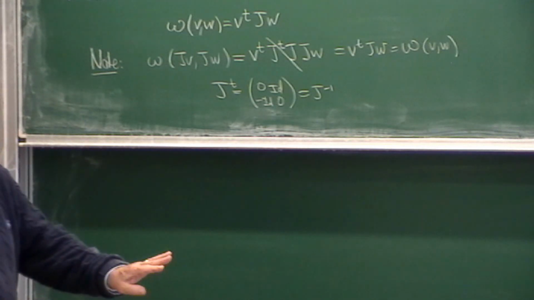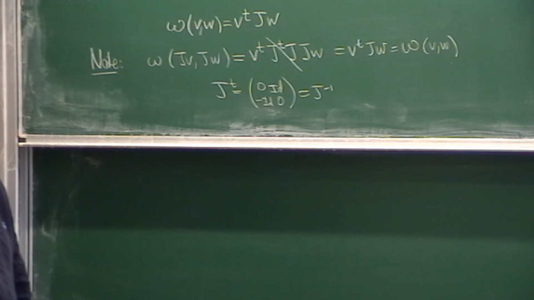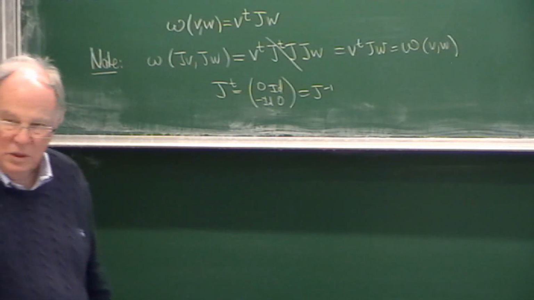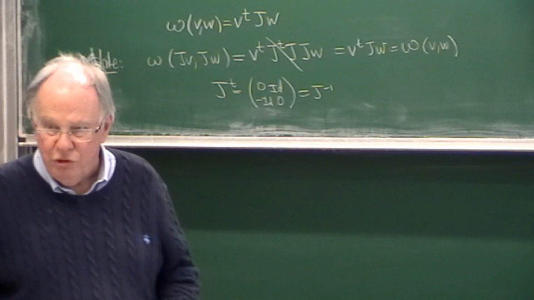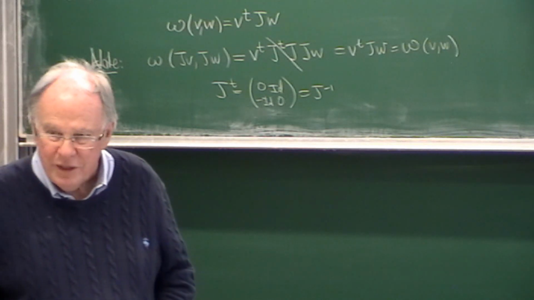Then, do we know for certain that J transpose times J is going to be the identity, that J transpose would be its inverse? We know that J transpose is its inverse. Oh, it's a question, what does it mean, transpose? There are several notions of transpose going on here, so it's a little bit dangerous.